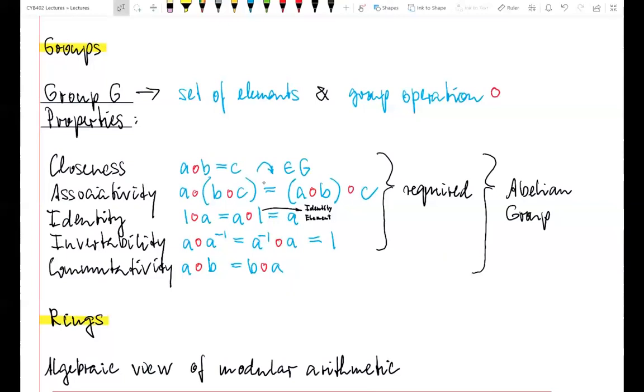So what are groups for our purposes? Groups are abstract structures in abstract algebra. They are two things: a set of elements with a group operation. So these two things we are going to look into: a set of elements, and you apply an operation here that you see as a donut, okay?